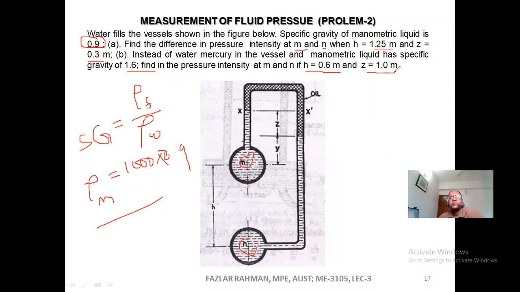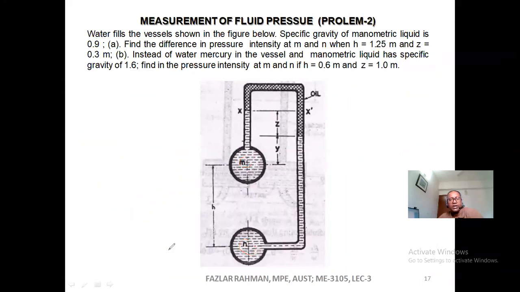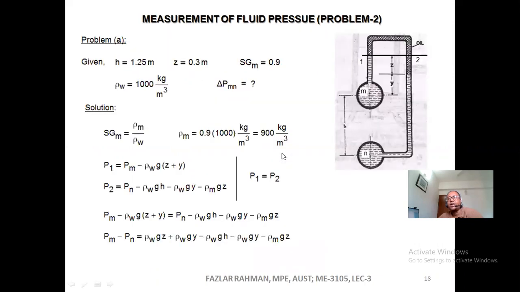Okay. So let's see, very easy. If you just write down the manometric equation, then you can solve it easily. So let's figure out where you can draw the line. You see this problem, you can solve it in a different way. Number one, you can draw a line right over here, both fluids in the same line, right?